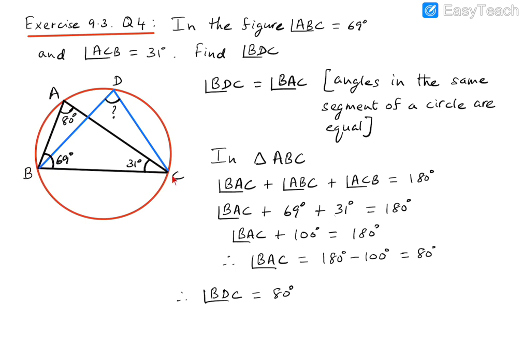Okay, the segment is the BC, so angle BAC is the angle subtended by BC on the major arc of the circle. Similarly, the angle BDC is also the angle subtended by the chord BC on the major arc of the circle, and therefore these two angles are equal, which is from one of the theorems in the chapter of circles. Okay, so we have now obtained the value of angle BDC as 80 degrees, which is what we had to find out in this problem.